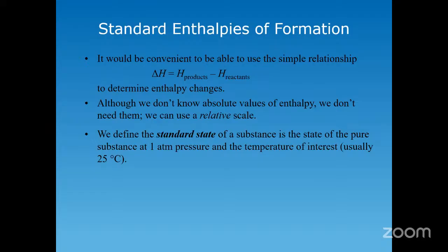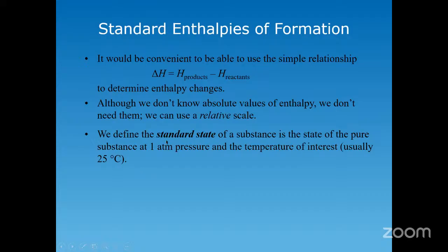So the standard conditions required for measurements of delta H for reactions are that for gases, the pressure would be 1 atmosphere, and the temperature of interest would be 25 degrees Celsius, right?